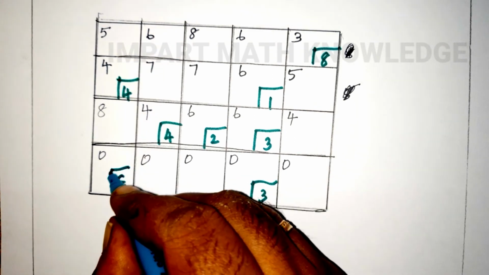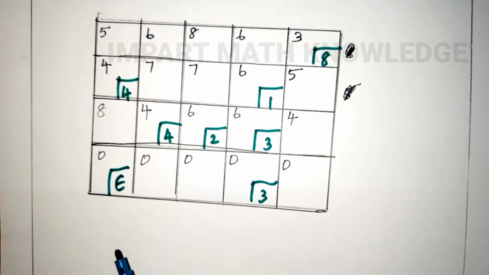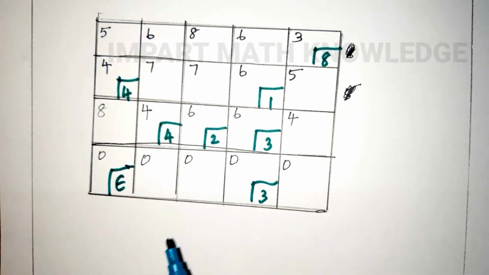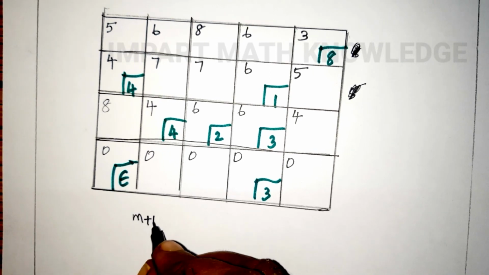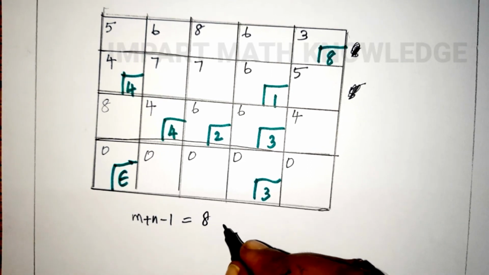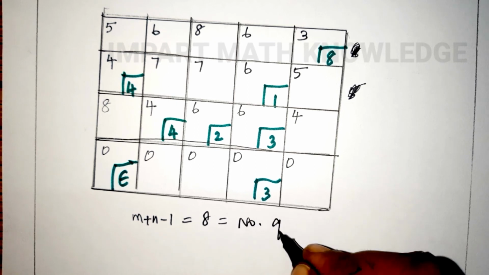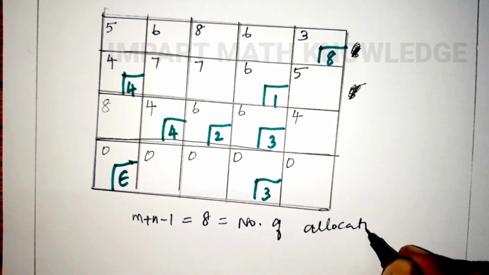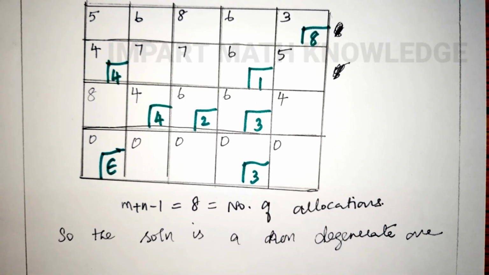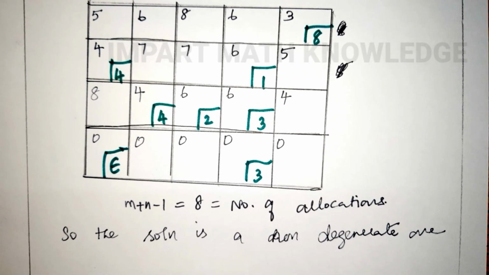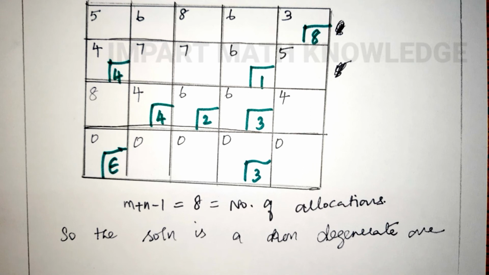Epsilon tends to 0, so this will not affect your transportation cost. Now m plus n minus 1 is equal to 8, which is equal to the number of allocations. So the solution is a non-degenerate one.